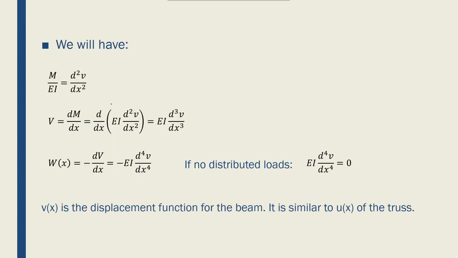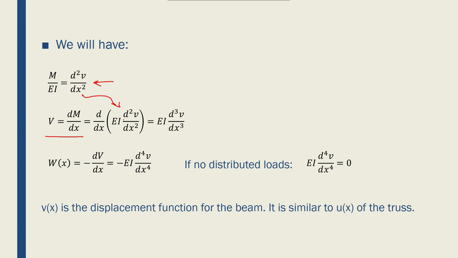So, knowing this equation from the previous slide, and we also knew that V is equal to dM over dx, we could insert that in here. So V is equal to d over dx of EI d2v over dx squared.